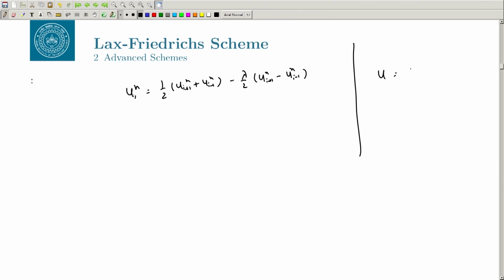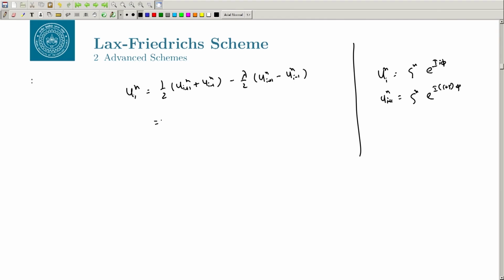As we know, we are representing u_i^n as e to the power n, e to the power I i phi, because i is the grid index here. u_{i+1} will become e to the power n, e to the power I (i+1) phi.